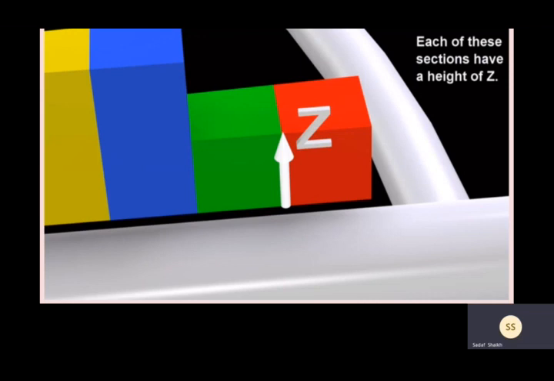If we cut this one slice into further rectangular sections, we have this height.